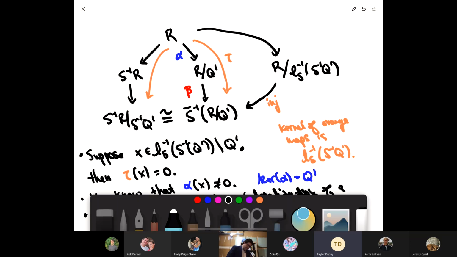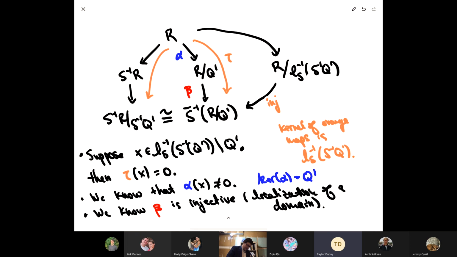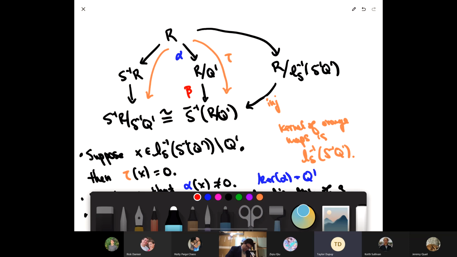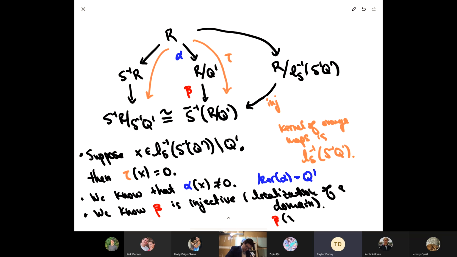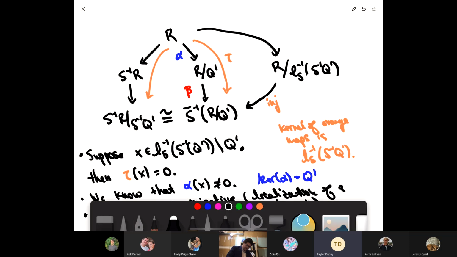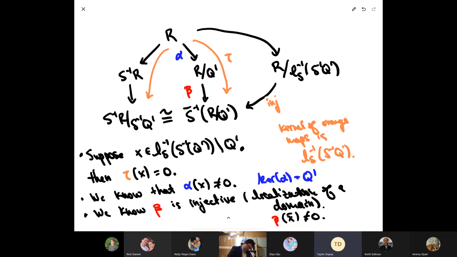So in particular, beta of x bar is not equal to 0. So injectivity here gives us that this is injective, and x doesn't map to 0.